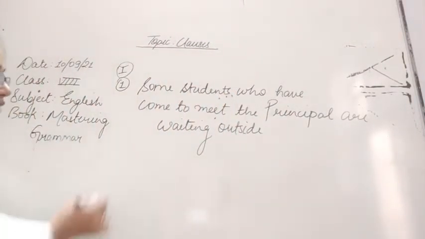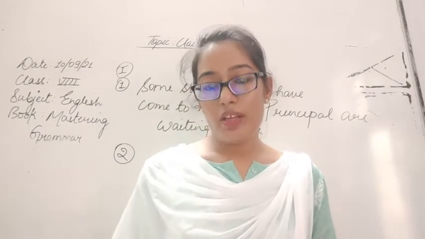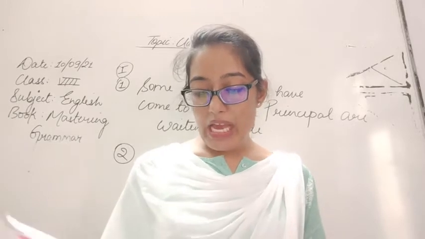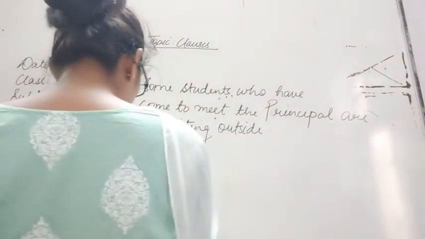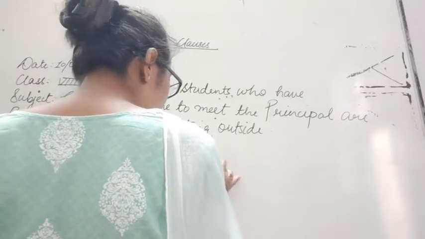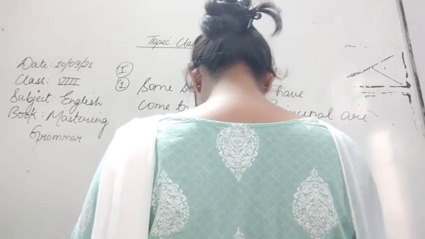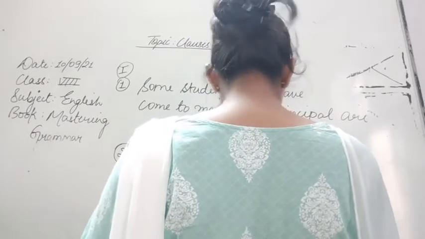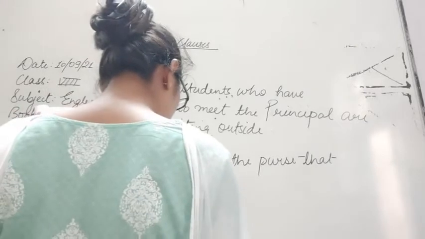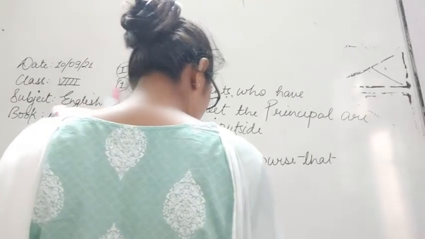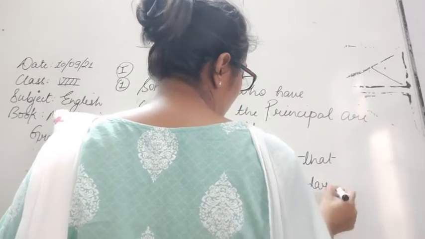Okay. Now let's move on to the second sentence. Mother gifted me a purse this birthday. I have lost it. When we join these sentences together, it would form: I had lost the purse that mother gifted me this birthday.